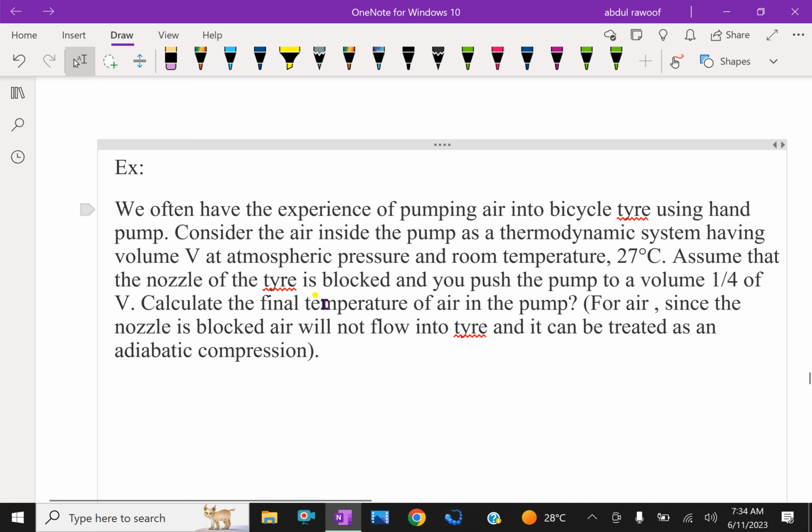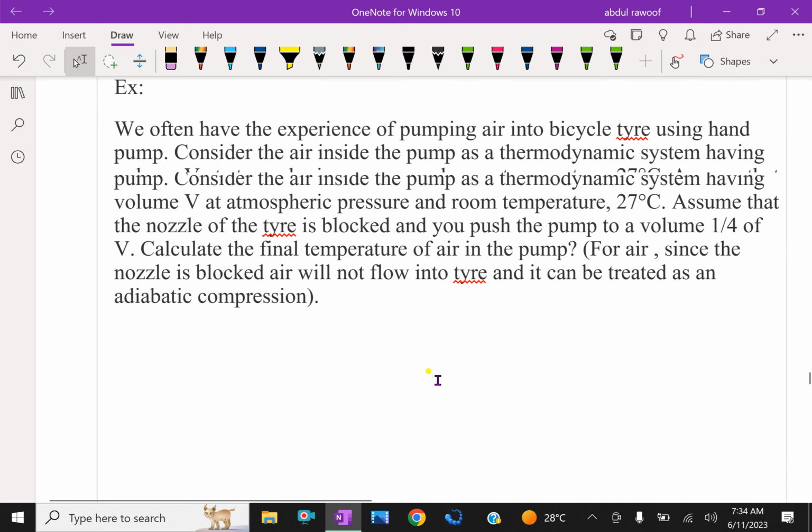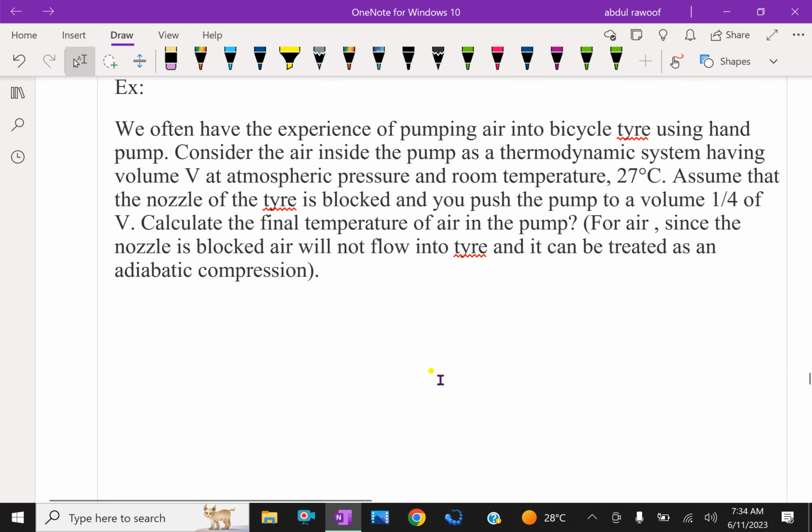Assume that the nozzle of the tire is blocked and you push the pump to a volume of 1/4 of V. Calculate the final temperature of the air in the pump. Since the nozzle is blocked, air will not flow into the tire and it can be treated as an adiabatic compression.